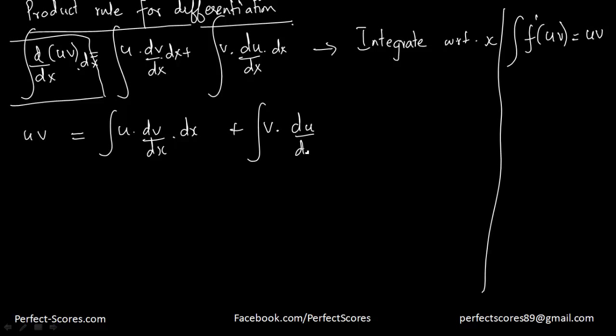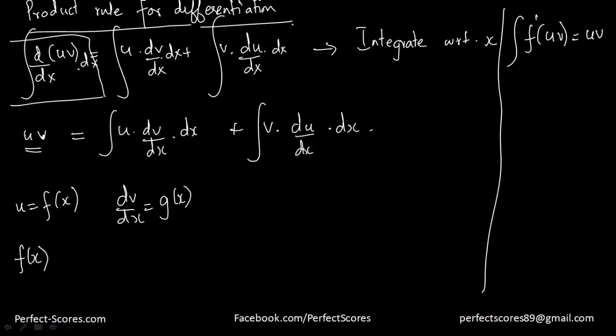Now let's say u is a function of x, and you can clearly see I have dv over dx here. So let's say dv over dx is another function of x. Then u is going to remain as u, that is f of x.